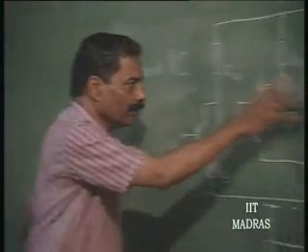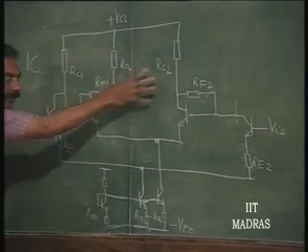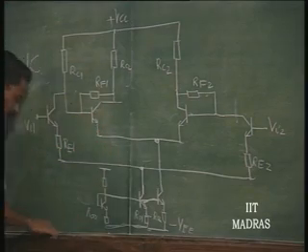The differential gain of this is going to be RF divided by RE, RF by RE, if you take the differential output to differential input.